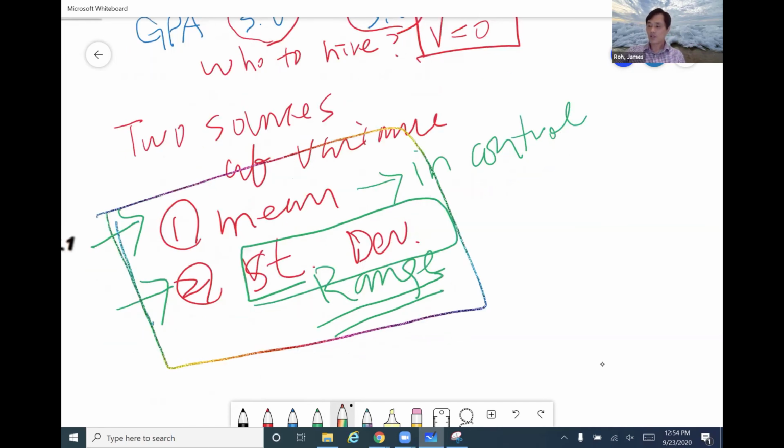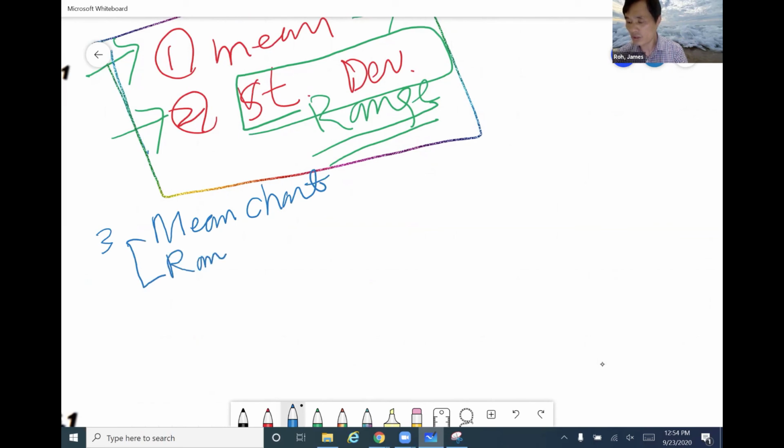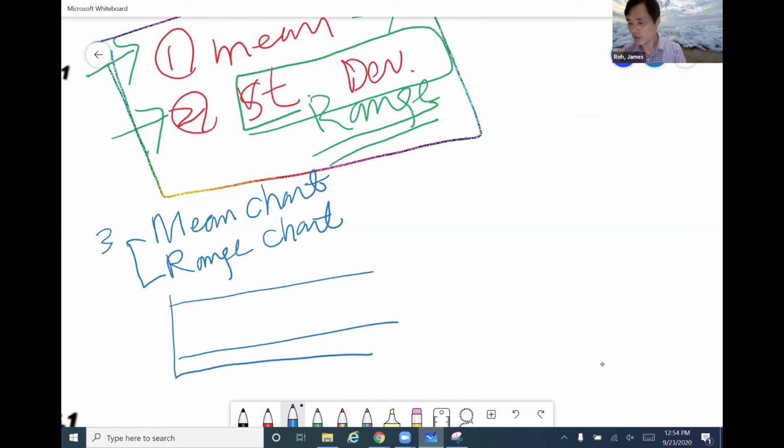So now the third topic is the mean chart and range chart. These are the things that I want to talk about. In the mean chart, you have a few things that you have to do. The formula for that is, you are going to have the mean chart with an upper control limit and a lower control limit, and here is going to be the center line.